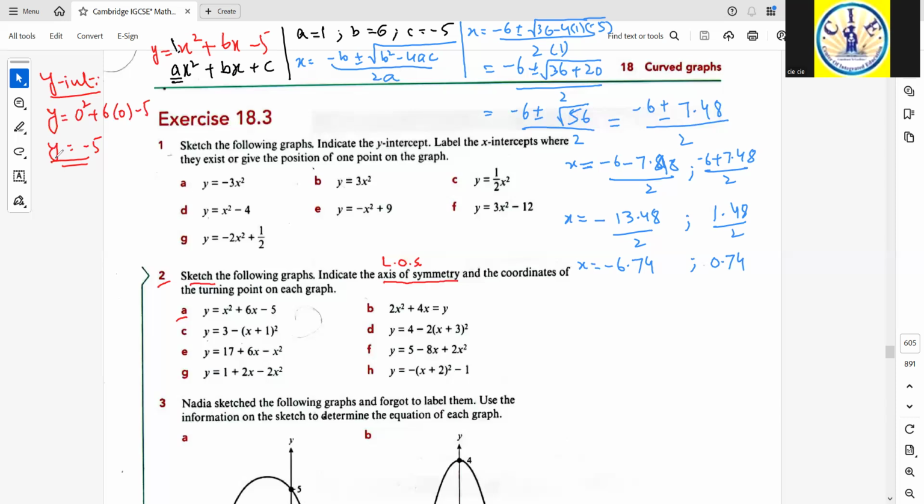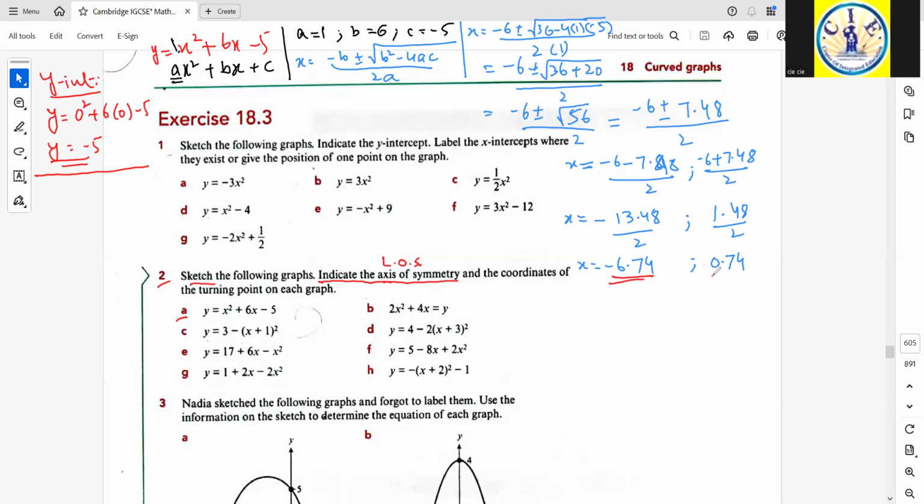Now, axis of symmetry. Axis of symmetry, line of symmetry. There are two methods to understand this line of symmetry. One method is actually the line of symmetry means the point that would be in between the x-intercepts.